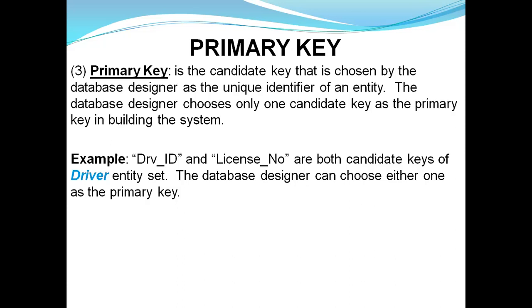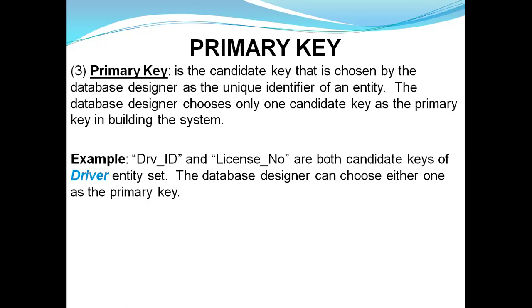Now definition wise, primary key is also the same, that which is uniquely identifying. Now what is a primary key? Out of the candidate keys, whichever key is chosen as the physical unique identification in the database management system is considered the primary key. So how many primary keys are possible?